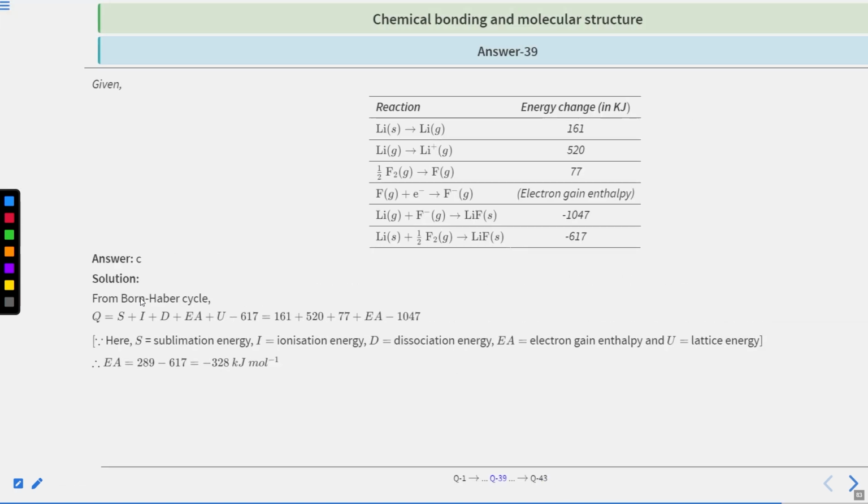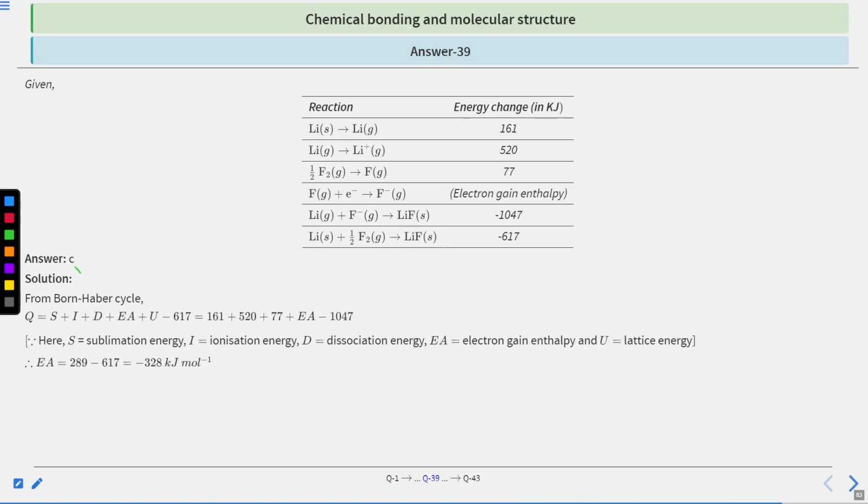Okay, so the correct answer will be option C. From the Born-Haber cycle, we can see that Q will be equal to S plus I plus D plus EA plus U, minus 617, which is 1601 plus 520 plus 77 plus EA minus 1047.